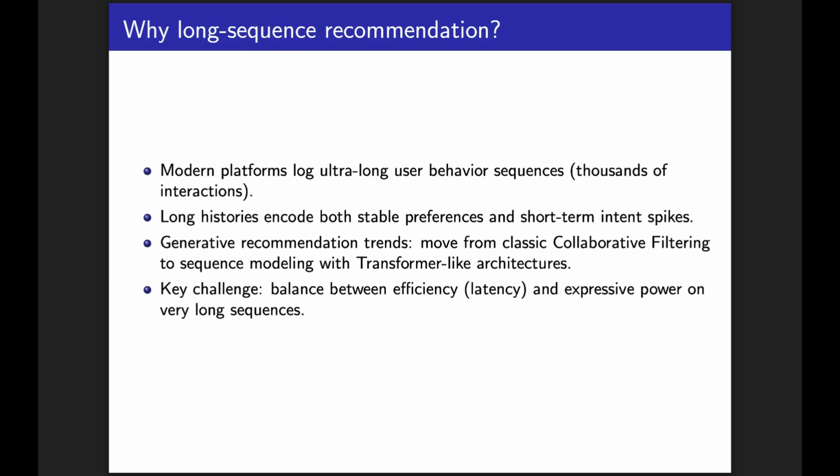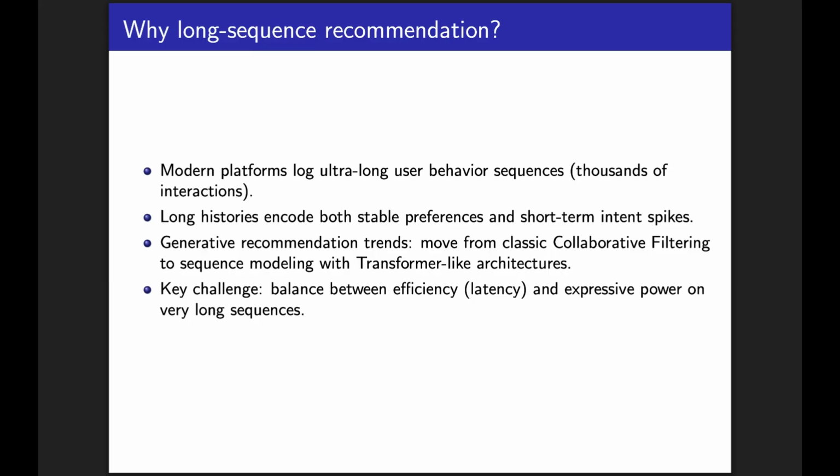The objective nowadays, with the latest recommendation systems, is to move away from collaborative filtering to closer to a transformer-like architecture. Why? Because we want to use the expressive power of such models, which nowadays are pervasive and they are used in all sorts of use cases.